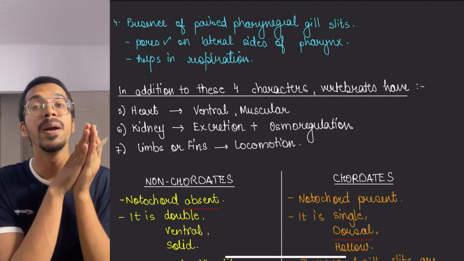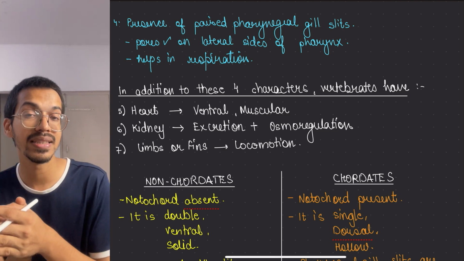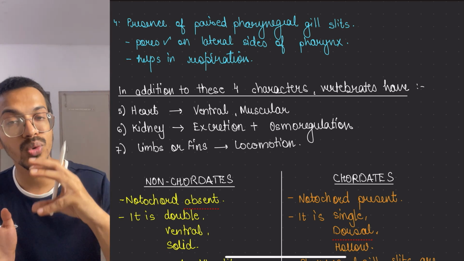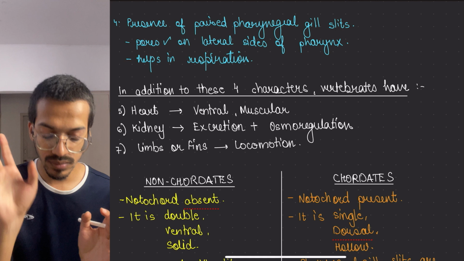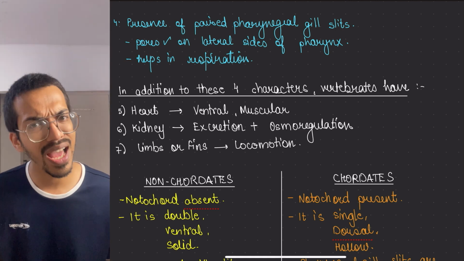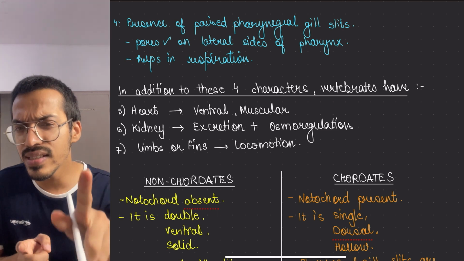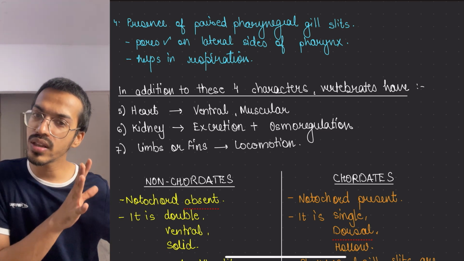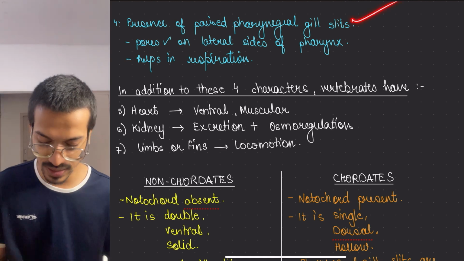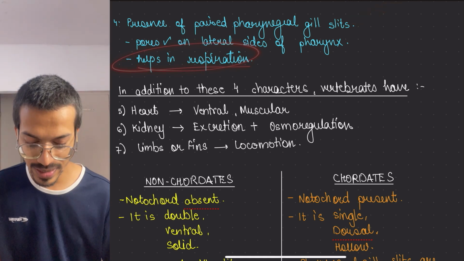They help deoxygenated blood to get oxygenated. Normally who is doing this in our body? Lungs are doing it. So do we have gill slits? No. The gill slits' work would be similar to the lungs' work. Understood? So during the embryonic phase it is present, helping in respiration, present on the lateral side.